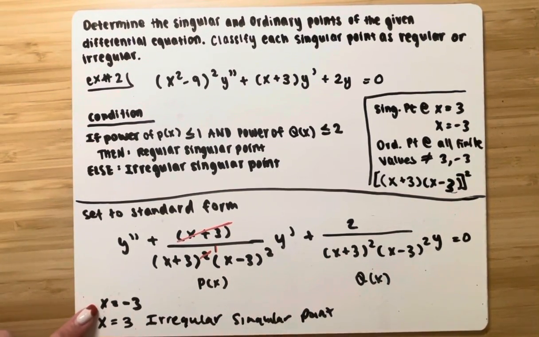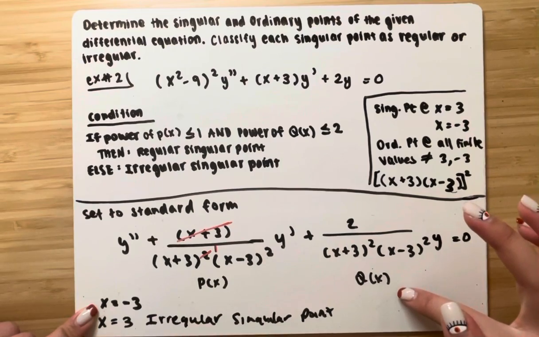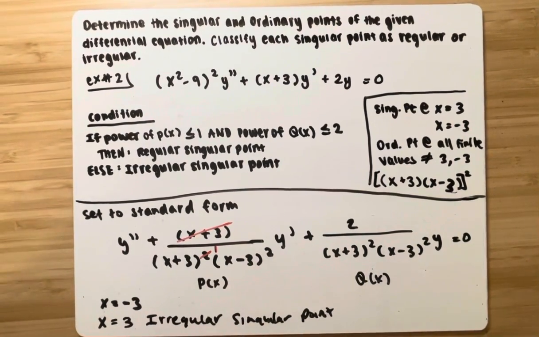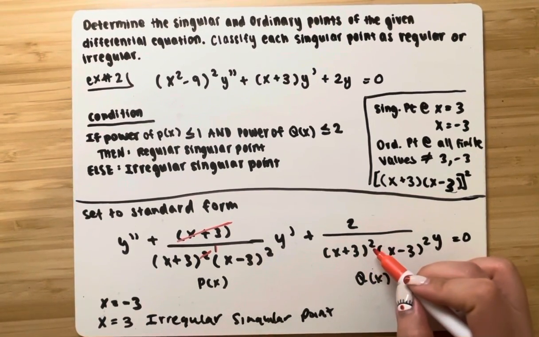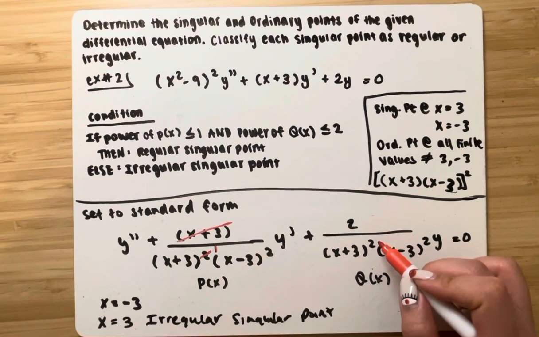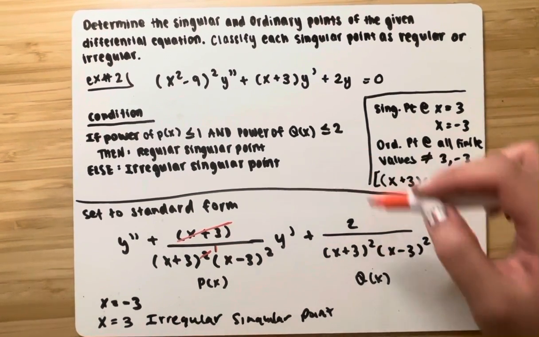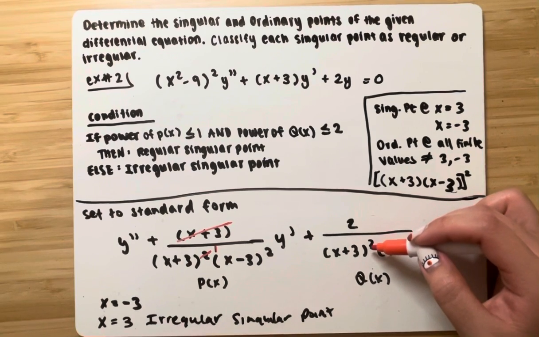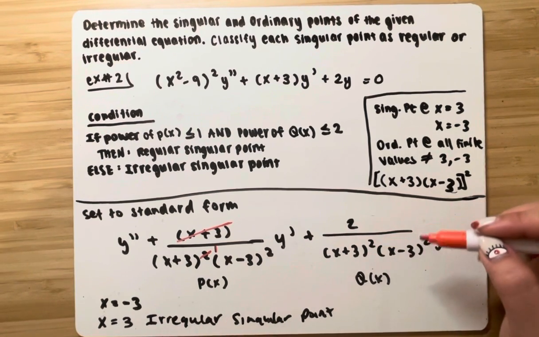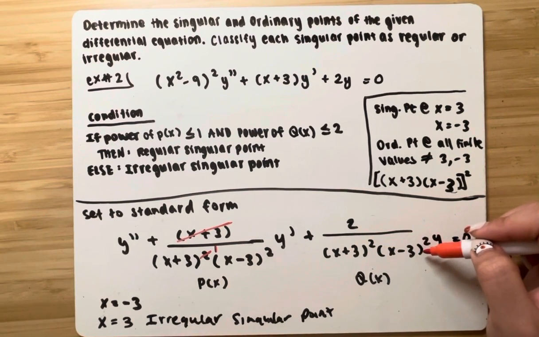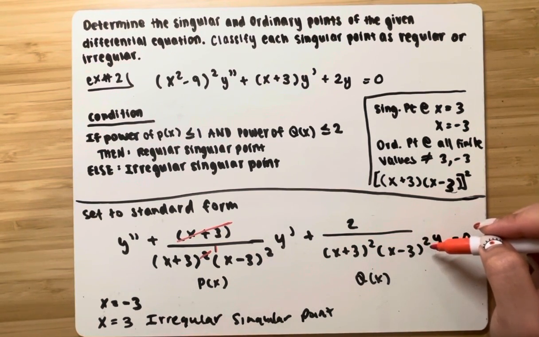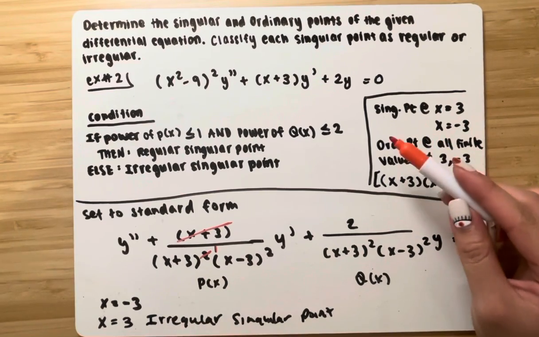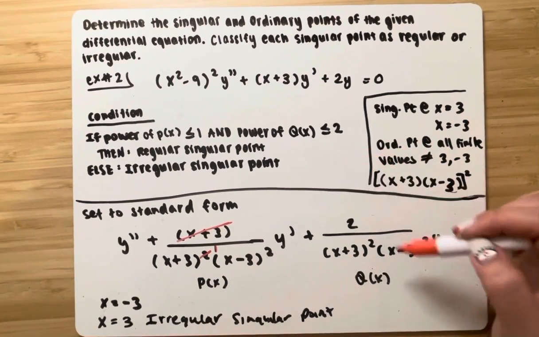Now, we still need to test if it holds true for q of x. So for (x plus 3) squared, the power is 2, which holds true. So the condition is true for x plus 3. And for (x minus 3) squared, the power is 2, 2 is less than or equal to 2, so it holds true here too.